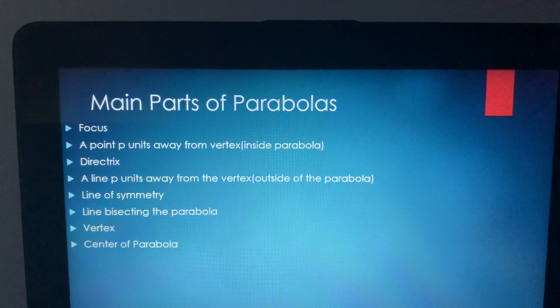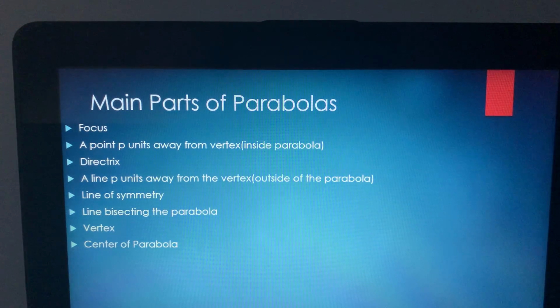Now, the line of symmetry or axis of symmetry is just the line connecting the vertex to the focus and keeps going straight. It bisects the parabola, and over that line the parabola is symmetrical. The vertex, of course, is the center of the parabola.